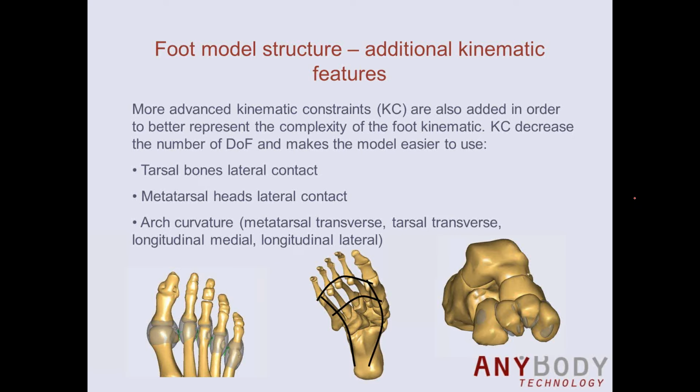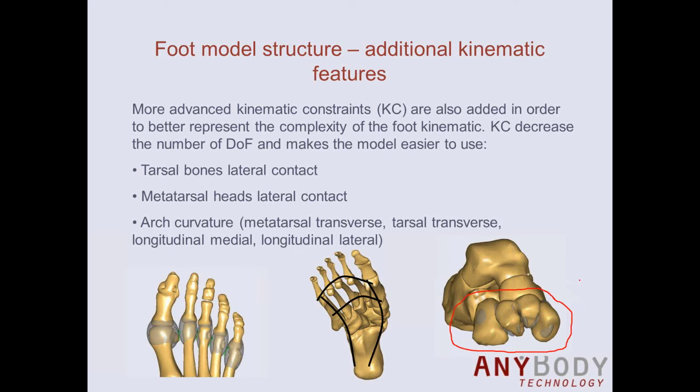In addition to the idealized joints we have just seen, we have added some more advanced kinematic constraints. Those help to better represent the complexity of the human foot. So for example, we have added lateral contact between some bones. We have that on the tarsal bones, between cuboid and cuneiforms.